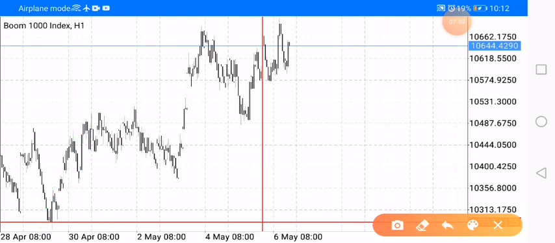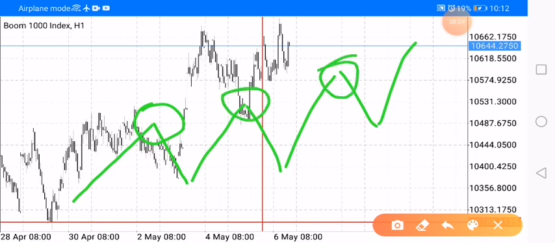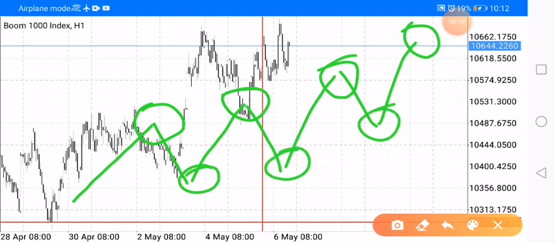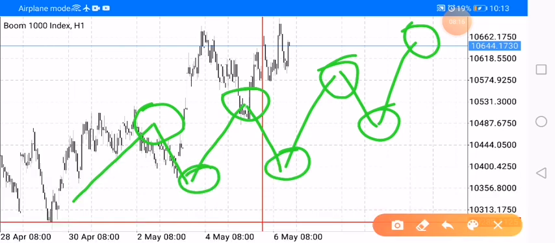Let me explain. So as movement of price is going up, this is how it goes up. It goes this way, goes this way. Okay, these ones, these are called highs. These, on the other hand, are called lows. So as price is moving up, it will always form a higher high and a higher low.